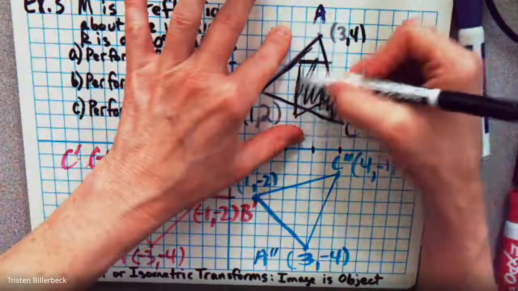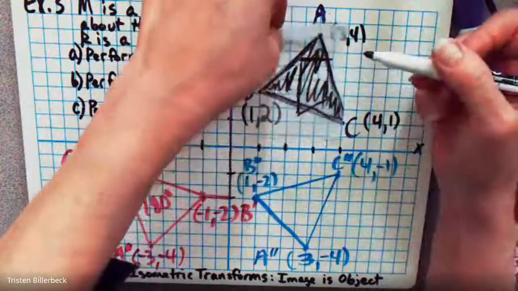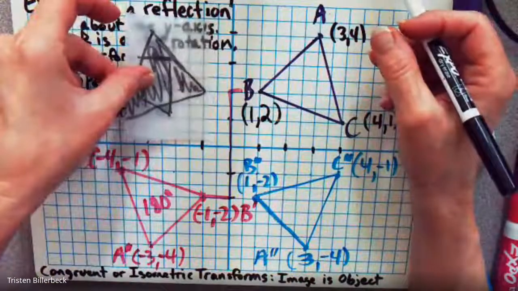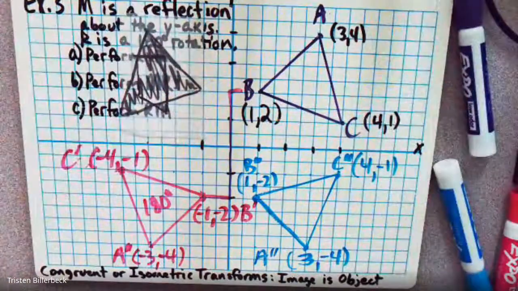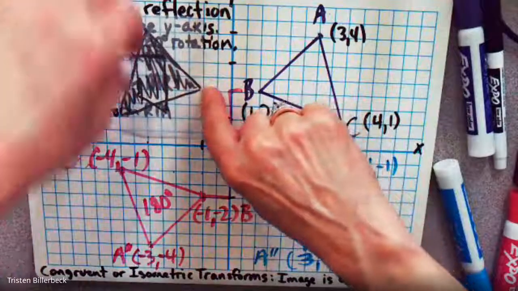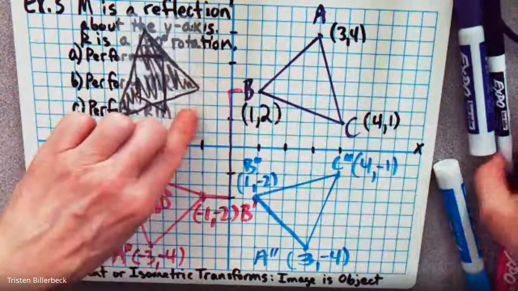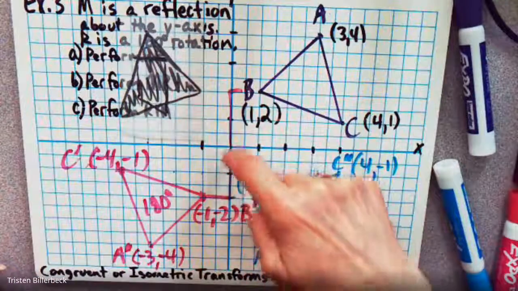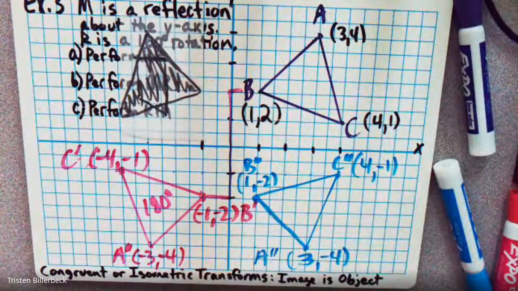I'll go like that to make sure we know what we're doing. Okay, so if this reflected around the y-axis, it would have ended up right there. Then if it had rotated 180, I think it's going to be in the same place.